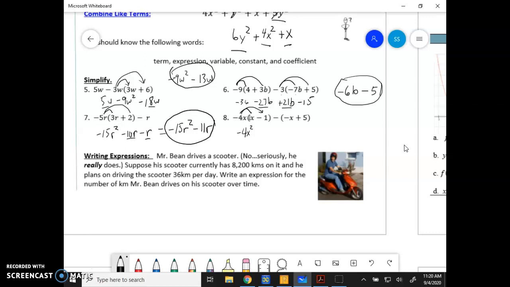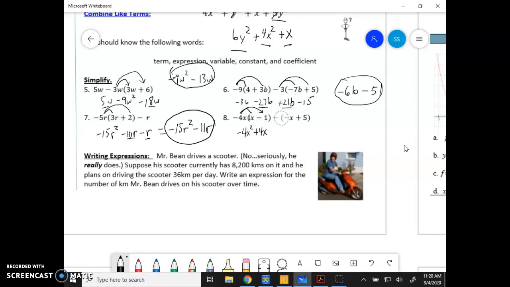We have negative 4x times negative 1. And that is positive 4x. When you have the negative out to the left side of the parentheses, bracket or grouping symbol, you can think about that as distributing a negative 1. So negative 1 times negative 1, which is positive 1.